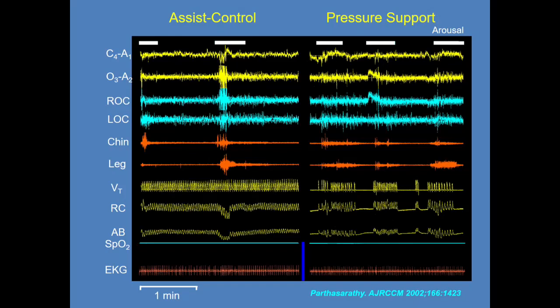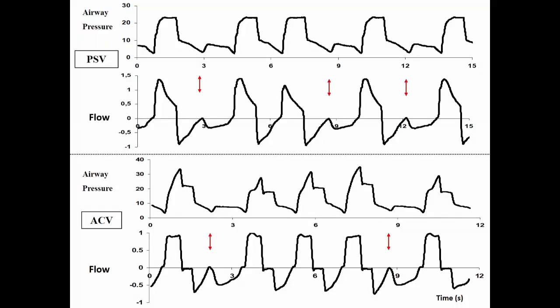During the expiratory part, you see these small bumps which indicate the patient is trying to inspire but is not triggering the vent. Let me go to the next slide, and this is an example where you see the tracings.